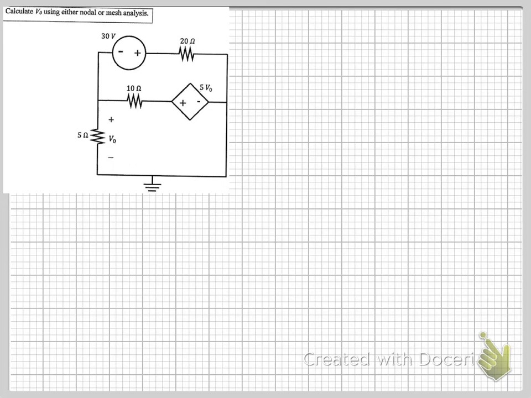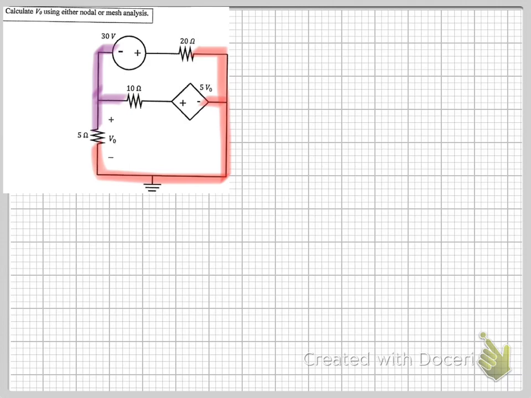So this is the next question we will be doing. It says calculate VO using either nodal or mesh analysis. So when you look at this, you'll realize that there is one node and there is your second node, right?